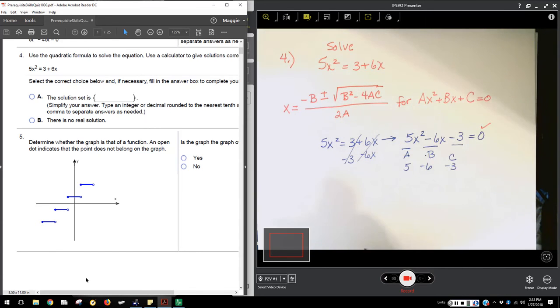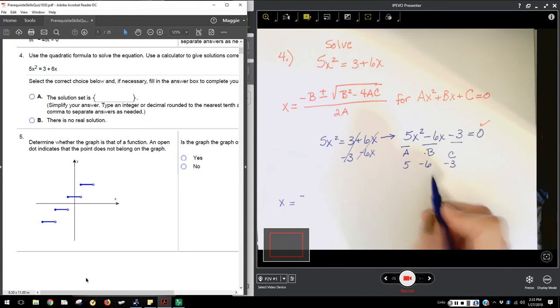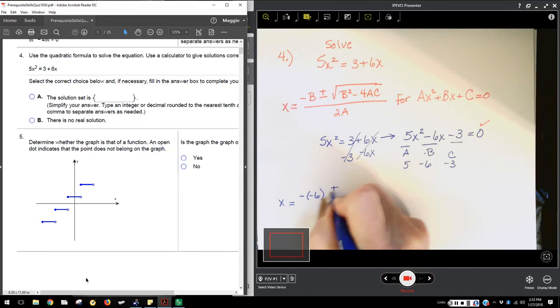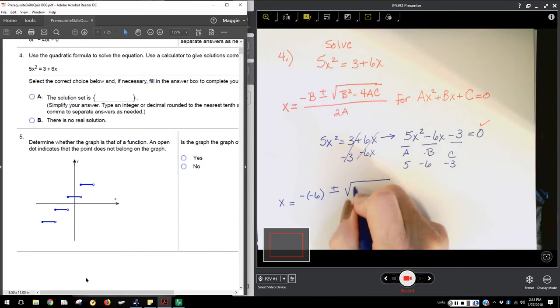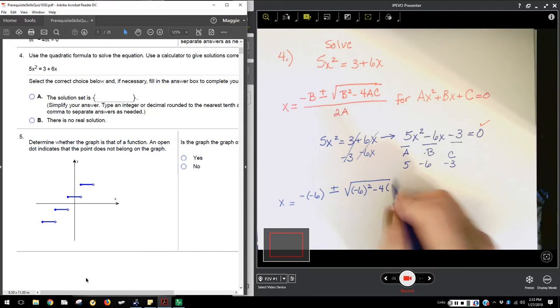And I'll go back to the quadratic formula and plug that in. So x is equal to the opposite of b, which is the opposite of negative 6, plus or minus the square root of b, which is negative 6 squared, minus 4 times a, which is 5, times the value of c, which is negative 3.